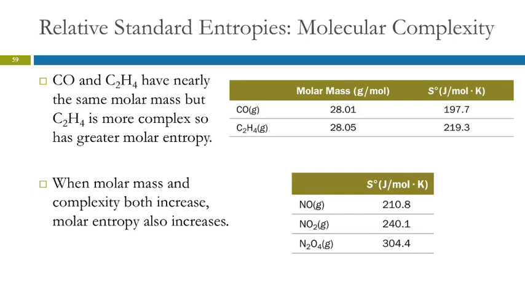You've got 2 carbons and 4 hydrogens, and so there's lots of different ways that the bonds could stretch and compress, right? Molar mass and complexity increase together, which is typically what happens unless you choose very carefully what you're comparing. So here, compounds of nitrogen and oxygen. As we increase the number of atoms, we're increasing the molar mass. We're also increasing the complexity, and so the entropy goes up. Any questions?